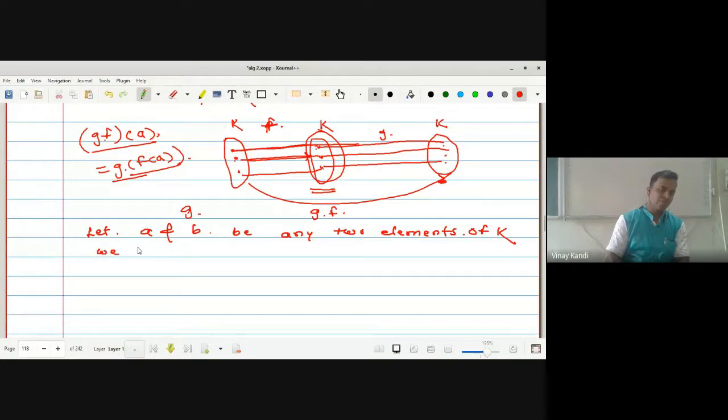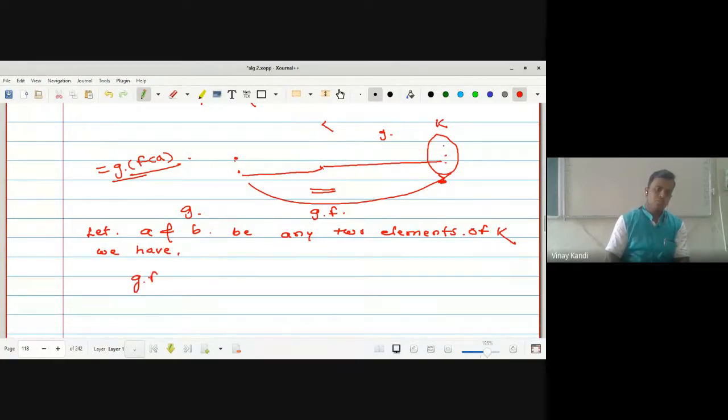Then we have G into F on A into B, which is G into F of AB.